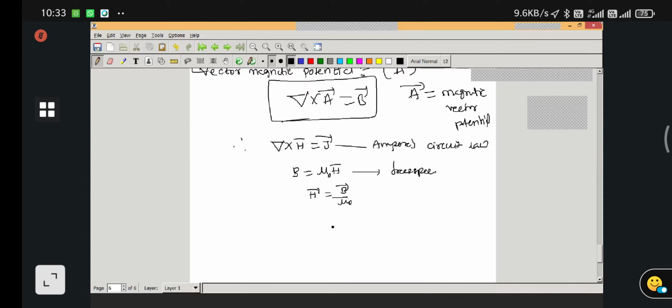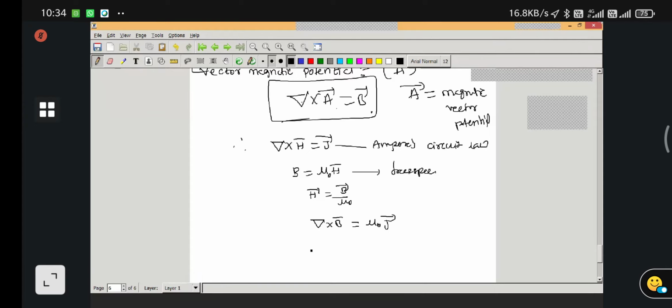Curl of B vector equal to, since curl of A vector equal to B. I think something is wrong. Curl of B equal to mu naught J. Why am I writing mu naught J?